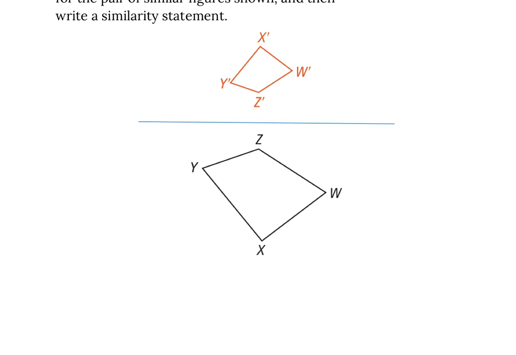So our first step was to reflect across, and we're actually reflecting it across a perpendicular bisector. And it's the perpendicular bisector that is formed from Z prime down to Z.